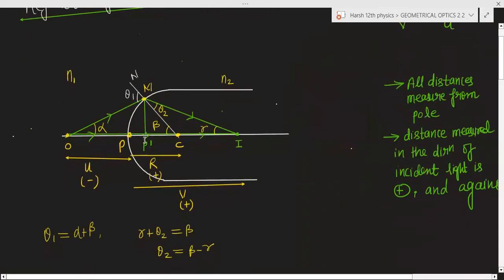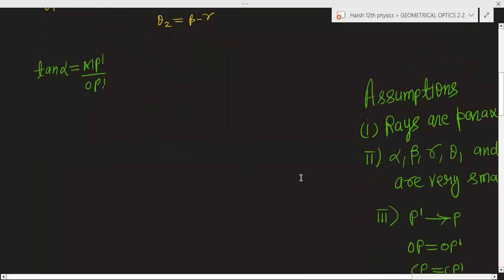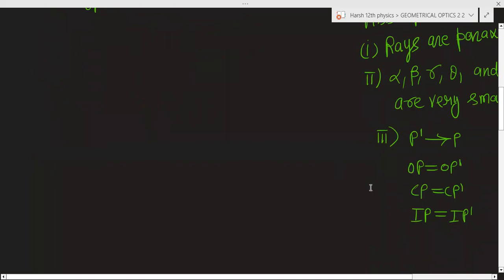So tan alpha, how will you find it? Alpha is in the triangle OMP dash. From the triangle OMP dash, tan alpha is equal to MP dash divided by OP dash. And OP dash can be written as OP.